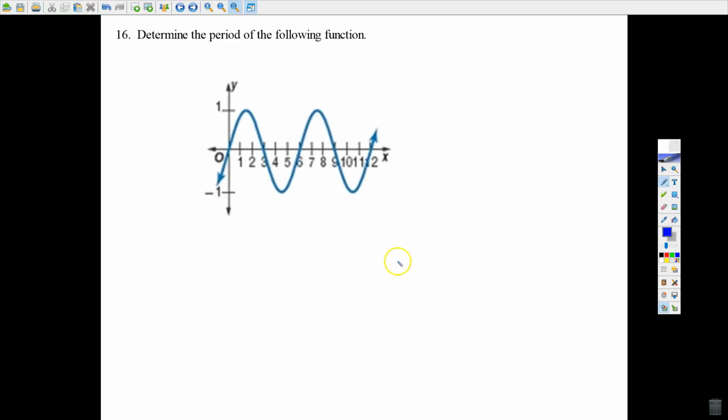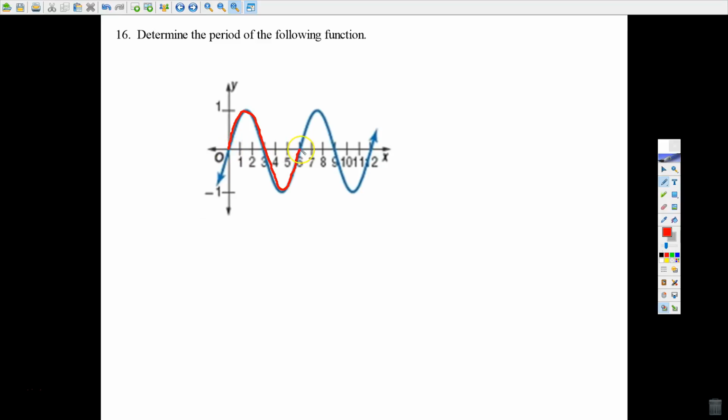So let's take a look now at period. How do we know what the period of a function is? Well, the period is the horizontal length of a cycle. Well, what's a cycle? Let's start here at the origin, and let's trace this graph until it gets to a point where it just starts to repeat itself.